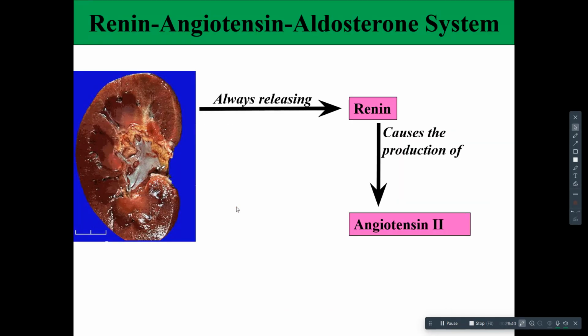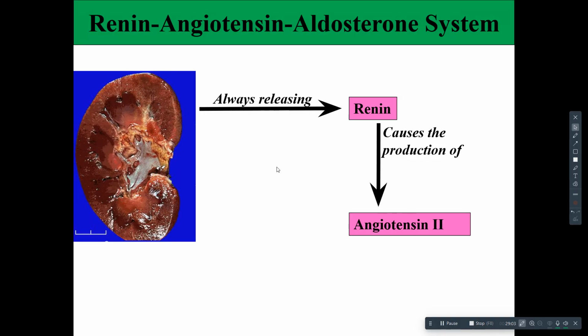All right. Another way we control blood pressure, and this isn't quite as short term, is this thing called the renin, angiotensin, aldosterone system. And I know you like it already. It's got like a triple name up there. This is a kidney.